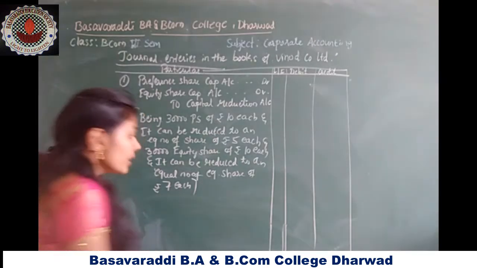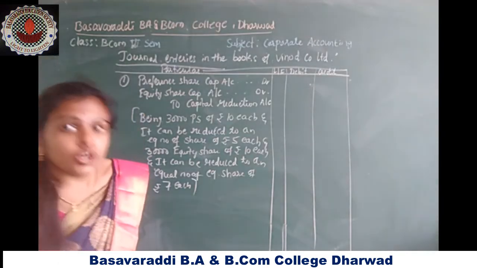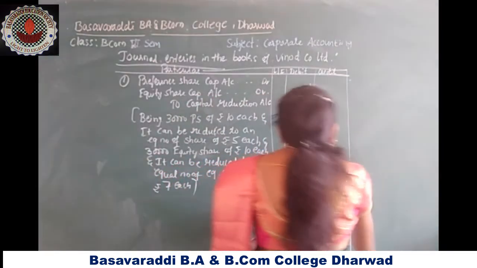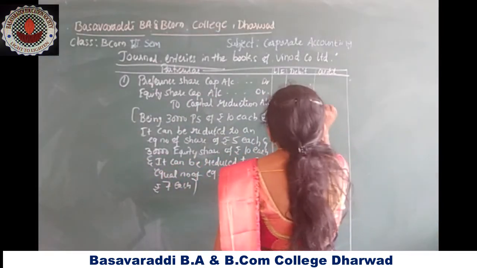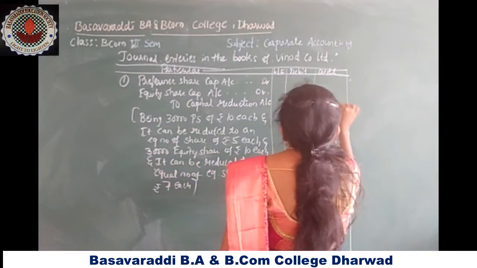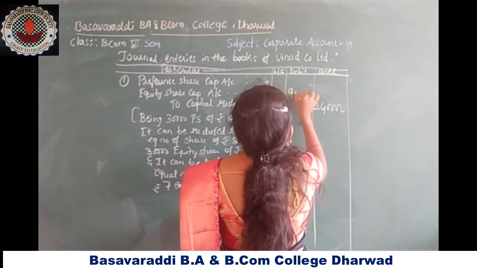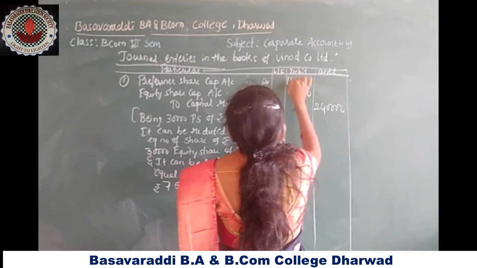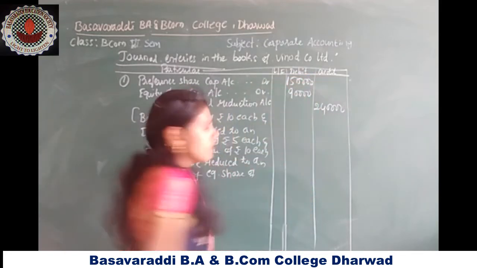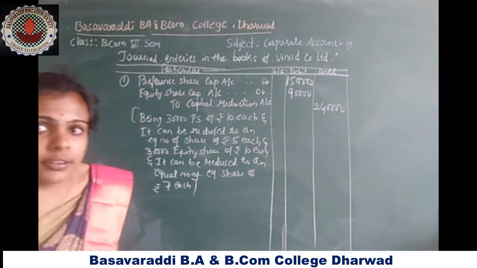Now total capital reduction is 2,40,000, and then equity share capital 90,000 and 1,50,000. Working note number 1.